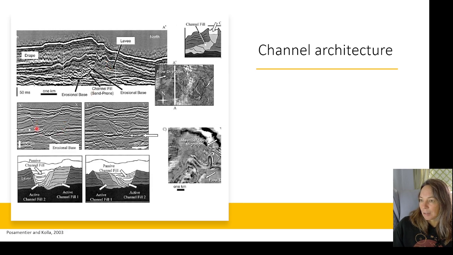In this case, they've actually differentiated some different channel filling sequences that happened. So you could have fill, and then you can have it eroded again, refilled, part of it refilled as it migrates and develops through time as part of that kind of meander loop features that we tend to get in channel architectures.